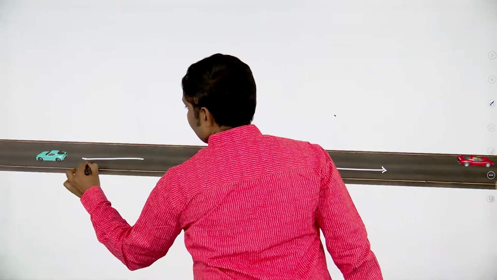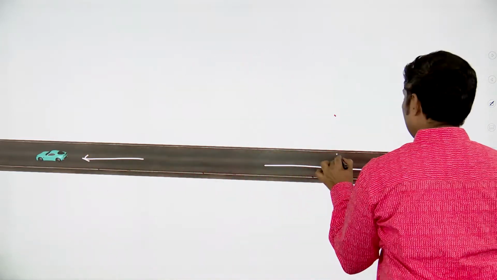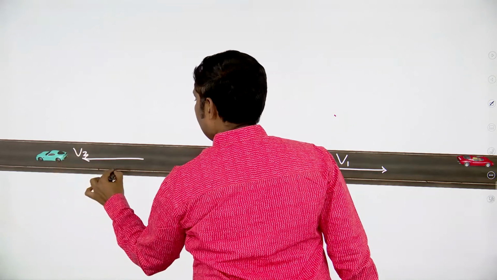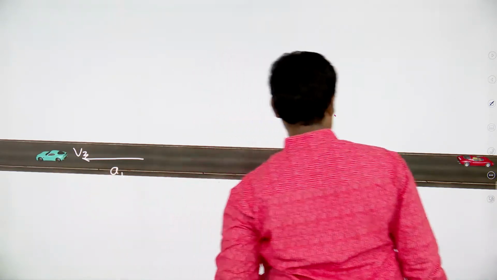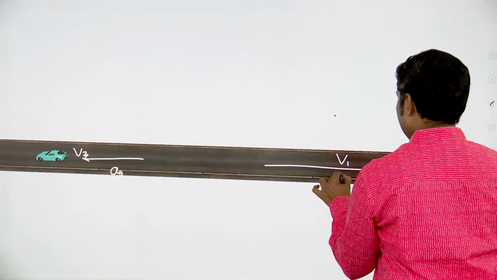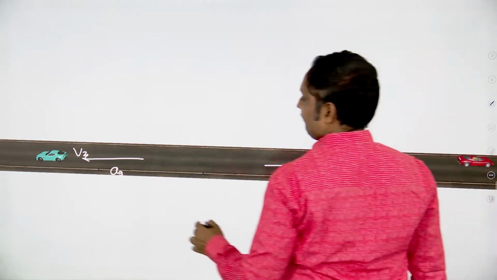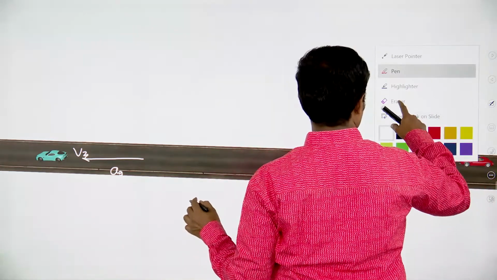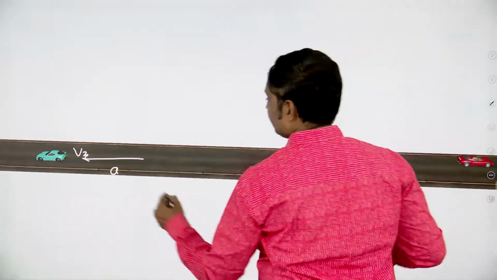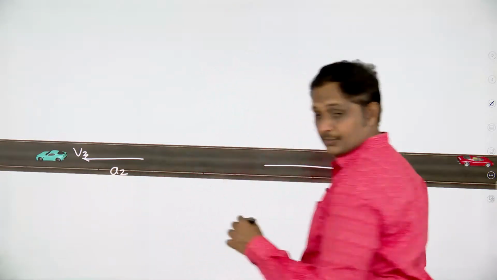So you have V1 and V2, acceleration A1 and A2. This is A1, and this is going to be A2.